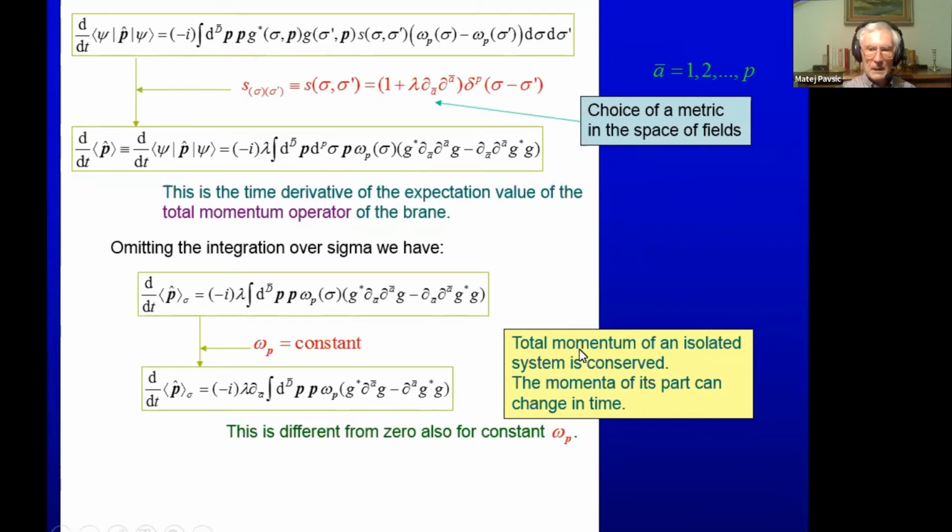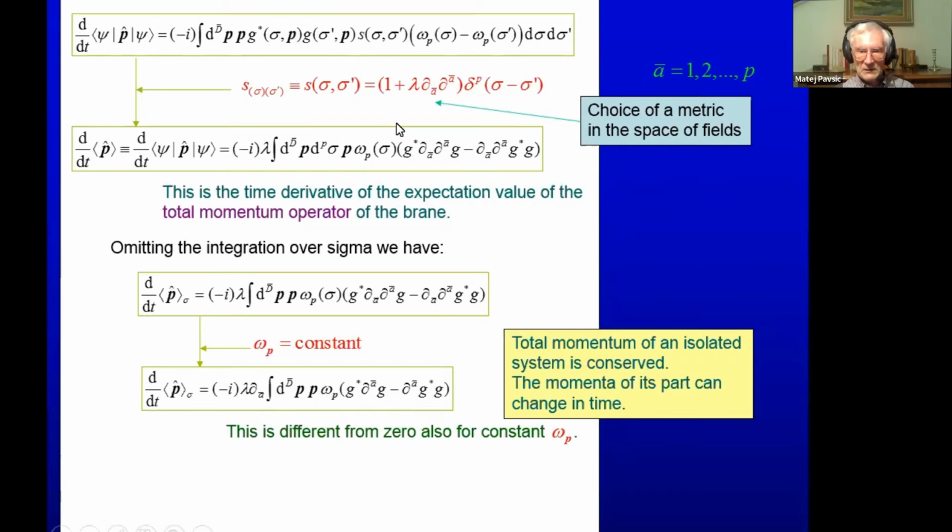And so let us choose a metric in the space of the fields. So this S of sigma is the metric in the space of the fields, which we choose to be this one: 1 plus lambda and this D'Alembert operator in the space of the brane parameters.